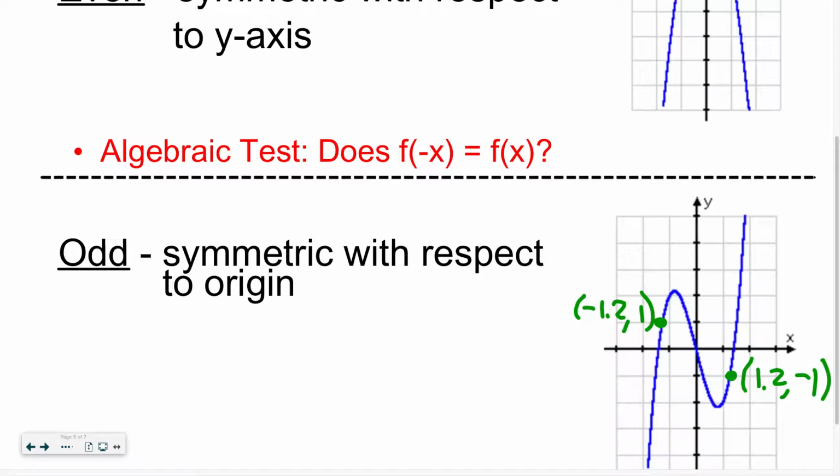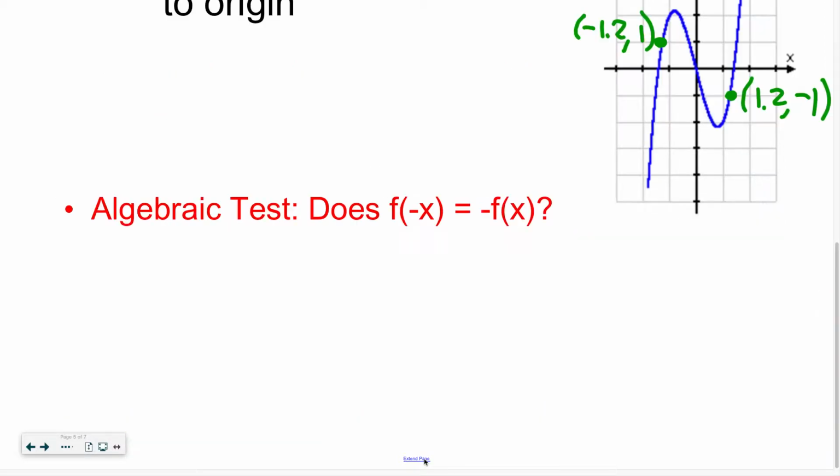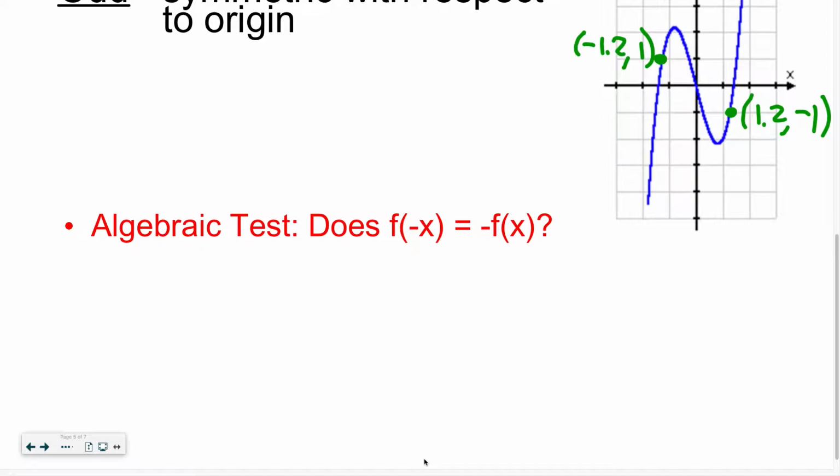So the algebraic test for that is going to look like, does f of negative x equal the opposite of f of x? Okay, side note, you should be done with your calculators at this point and focus on the algebraic test for even odd. You want to be on track.